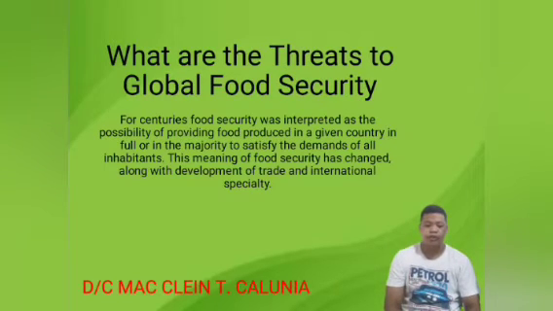Food security is of fundamental importance for human existence. Food security exists when all people at all times have physical, social, and economic access to sufficient, safe, and nutritious food that meets their dietary needs and food preferences for an active and healthy lifestyle.